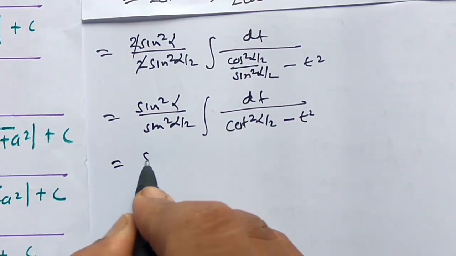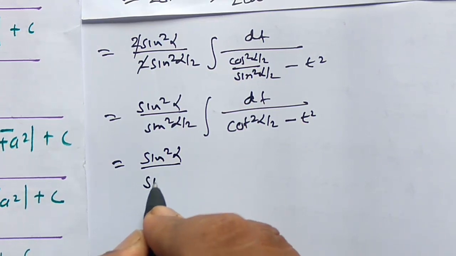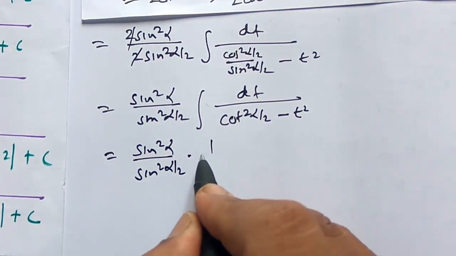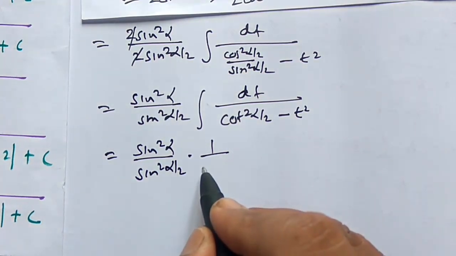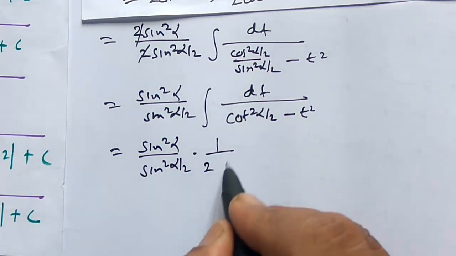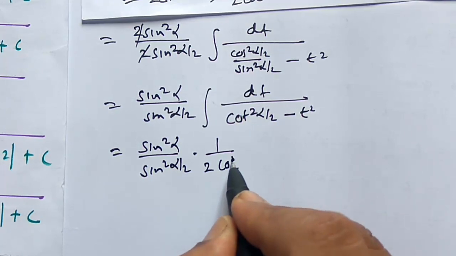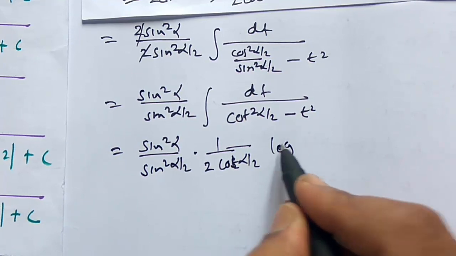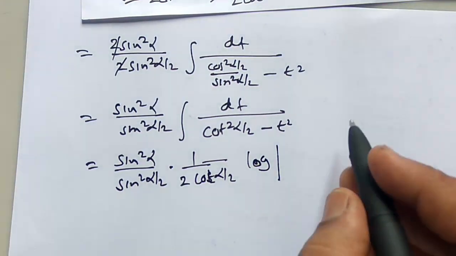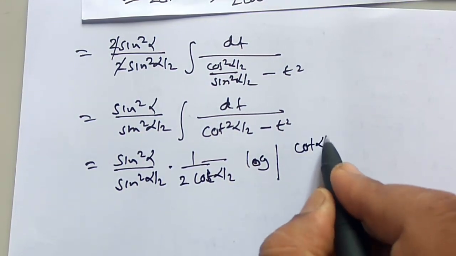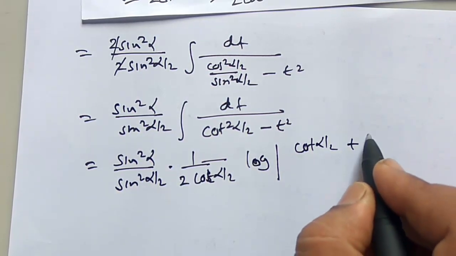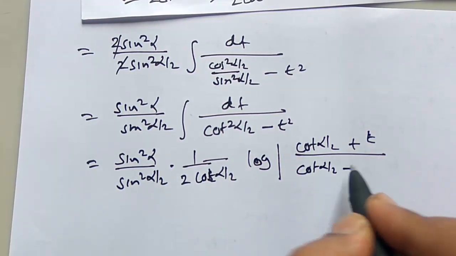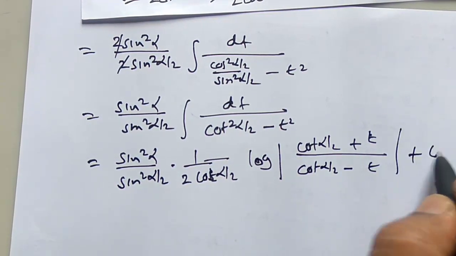So this is equal to sin square alpha upon sin square alpha by 2 into 1 upon 2 times a, where a is cot of alpha by 2, log of bracket cot alpha by 2 plus t upon cot alpha by 2 minus t plus c.